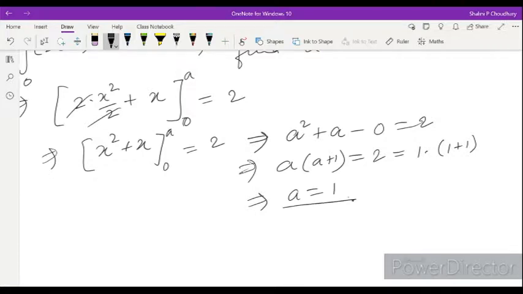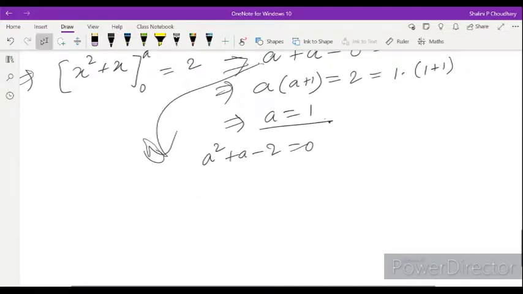Otherwise, we can find the value by another method. How can we find it? This is a quadratic equation, so a square plus a minus 2 will be equal to 0. Then a square plus 2a minus a minus 2 is equal to 0. Can we write like this? We can write a as 2a minus a.